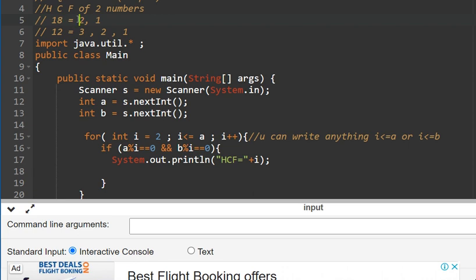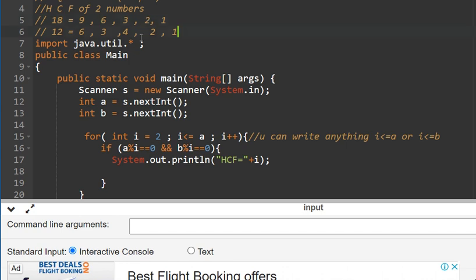So here the factors are 6, 3, 2, 1 and here 3, 6, 3, 2, 1. 4 is also a factor of 12, and 9 of 18.